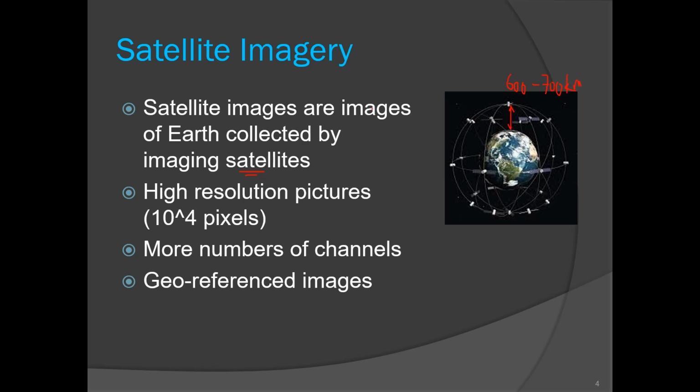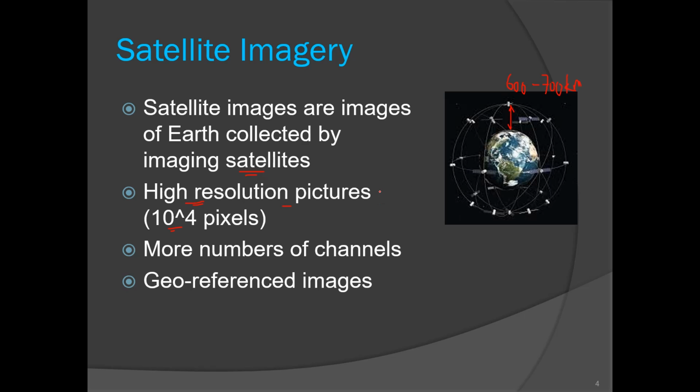Now how are these satellite images different from our regular images? Typically, satellite images are very high resolution images. Generally the number of pixels in these images will be more than 10 to the power 4 pixels. The advantage is that you can zoom in on the picture and see the actual objects present on the earth's surface, such as buildings and cars.